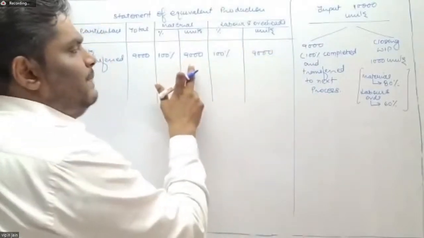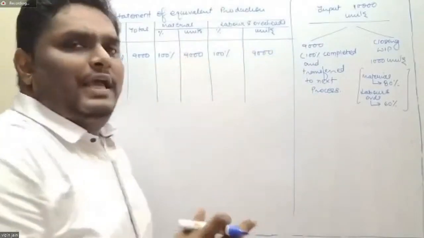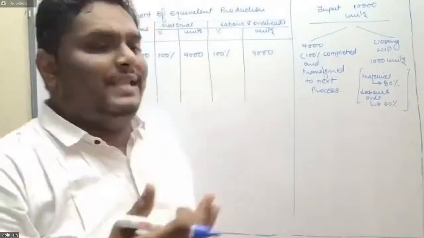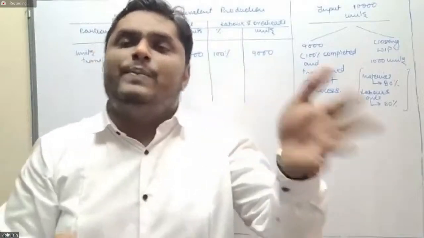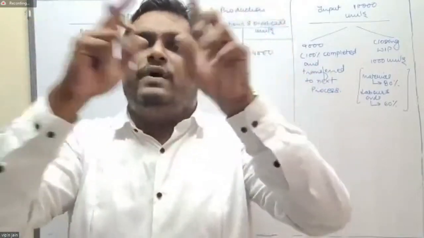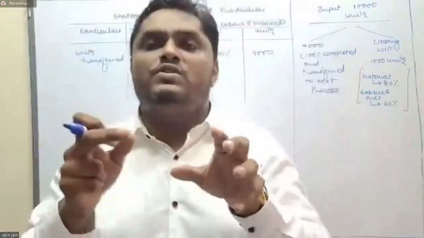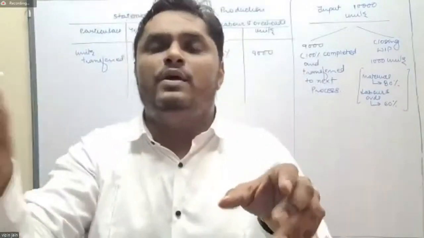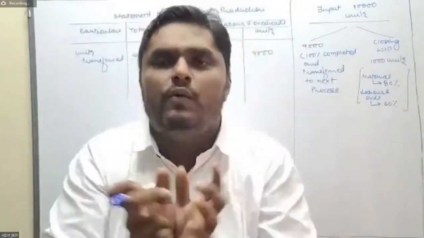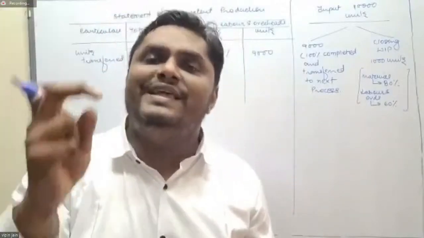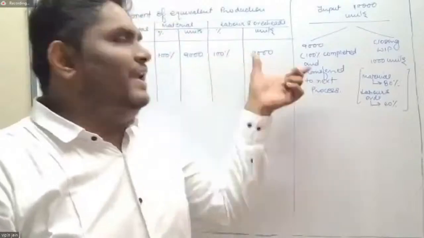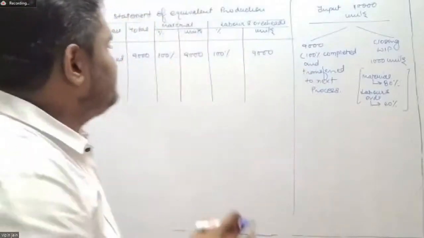So the equivalent number of units will be 9,000 as far as material is concerned, and for labor and overheads it is also 9,000. See, in the last example we discussed, the total cost was given. There was no separate cost for material and labor, so we were calculating only one equivalent number of units. But in this case, separate costs are given for material, labor and overhead. That's why we have done all this exercise.